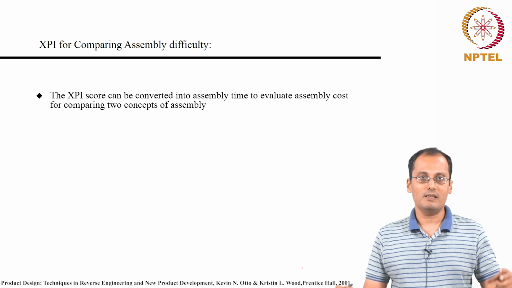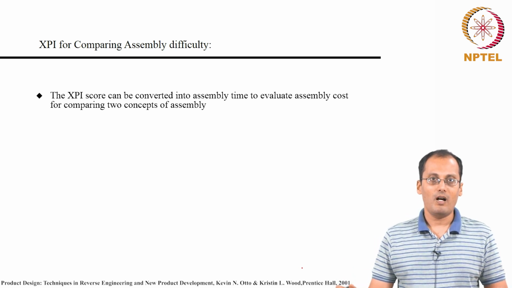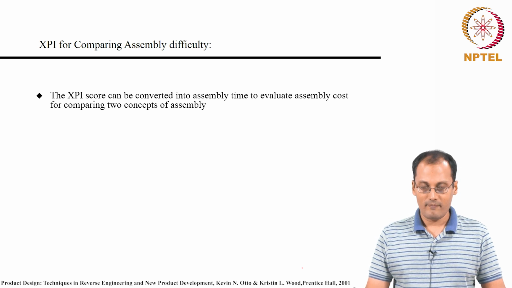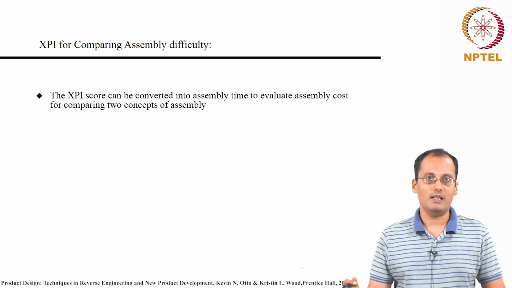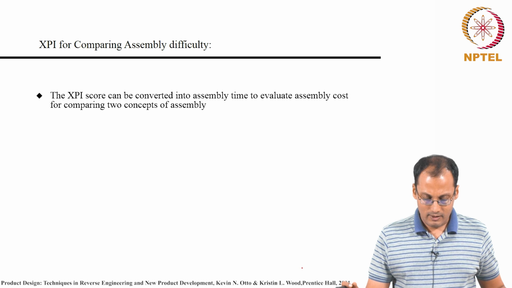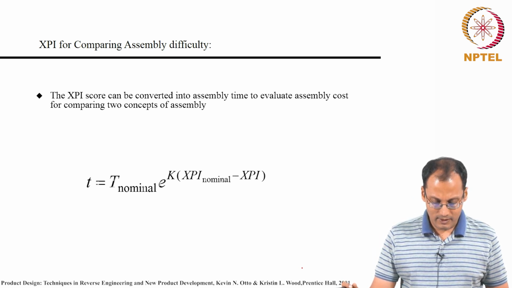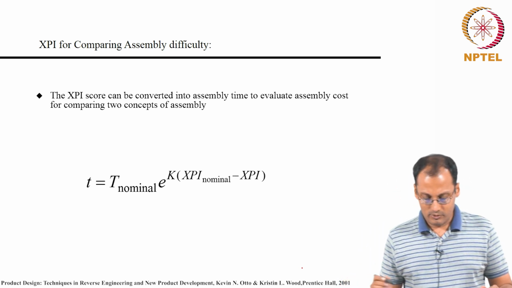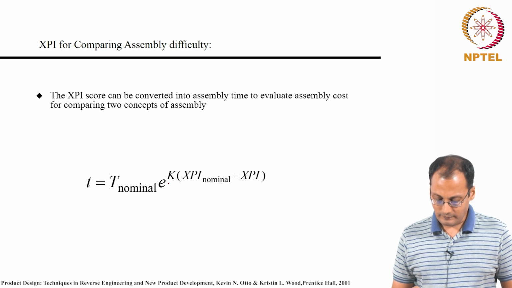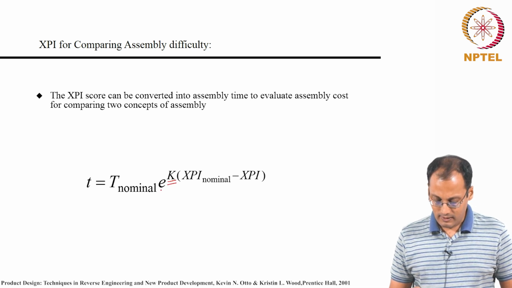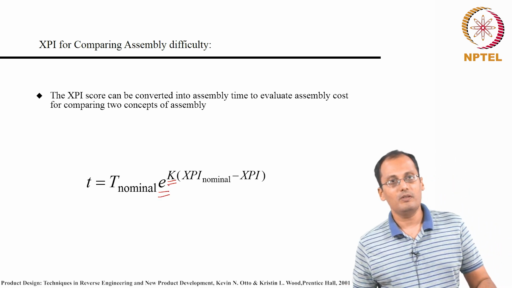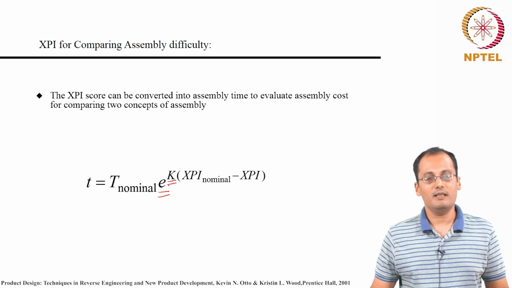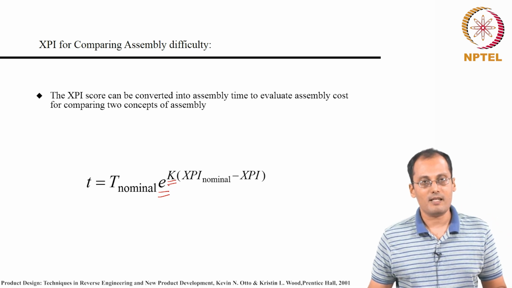That means, if there is a change in the assembly score, how far the assembly time can change. So, this is again an extrapolation, and we can use some function to extrapolate this. So, the suggested method is to use a constant k and an exponential function to compare two assembly scores and arrive at the assembly time.